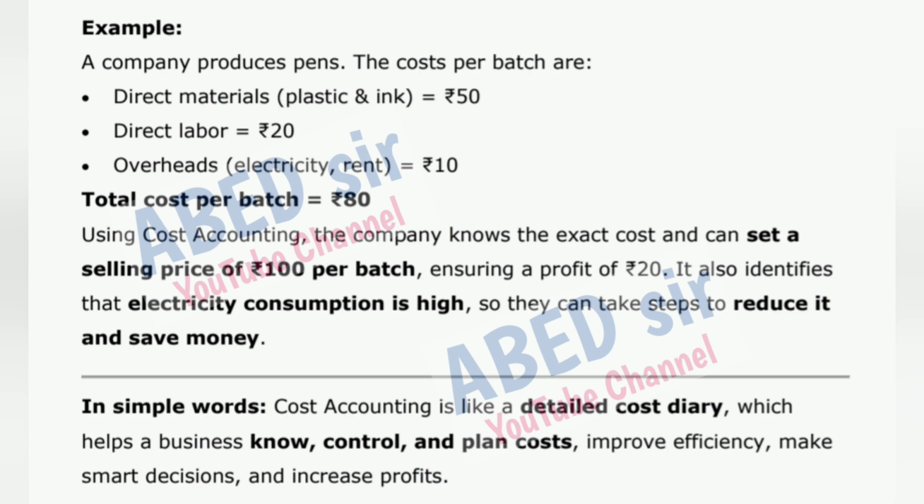Using cost accounting, the company knows the exact cost and can set a selling price of 100 rupees per batch, ensuring a profit of 20 rupees. It also identifies that electricity consumption is high, so they can take steps to reduce it and save money. In simple words, cost accounting is like a detailed cost diary, which helps a business know, control, and plan costs, improve efficiency, make smart decisions, and increase profits.